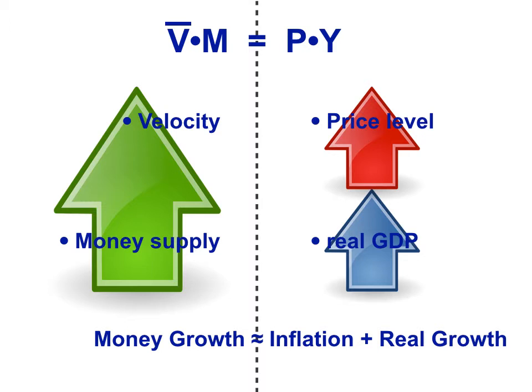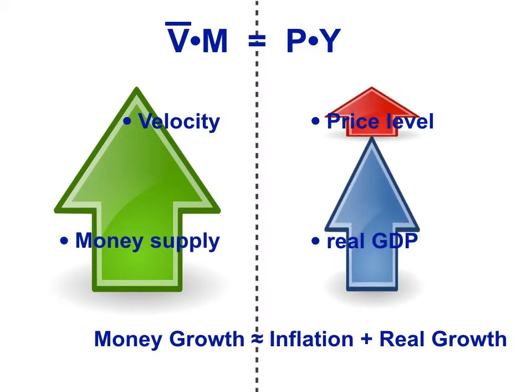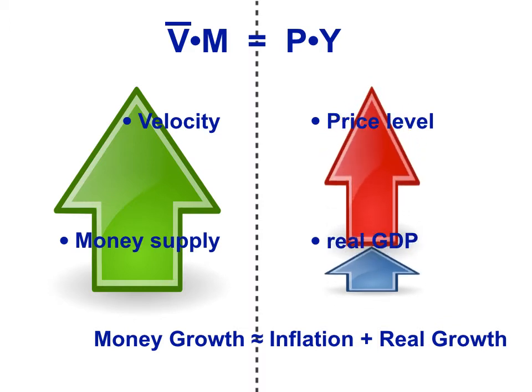The difference between the growth in the money supply and the real GDP growth will give us the inflation rate. So the increase in price level is inflation. Perhaps real GDP increases by 8%. In that case, the price level will increase by 2%, i.e., inflation will be 2%. If real GDP only increases by 2%, then inflation will be 8%.